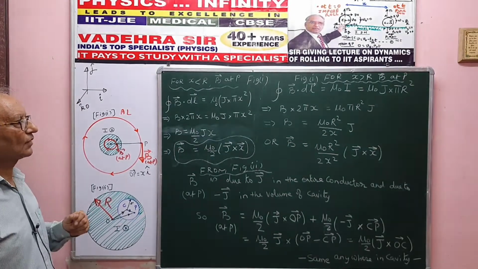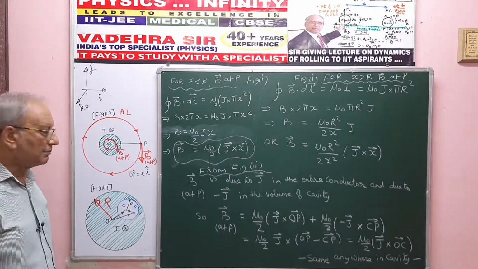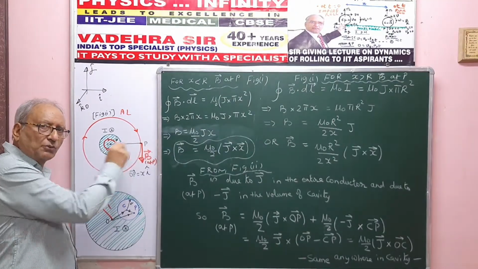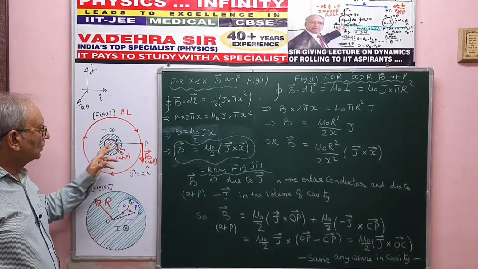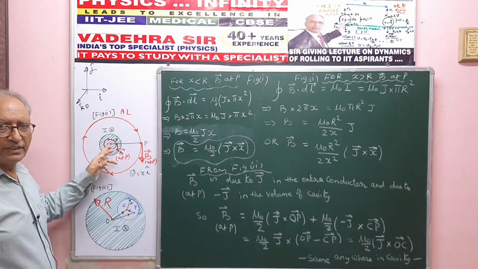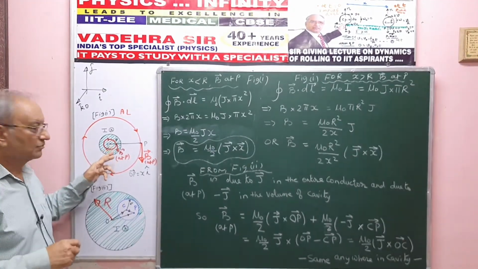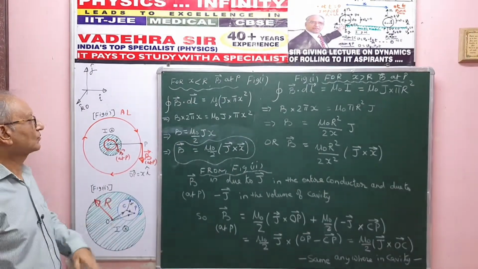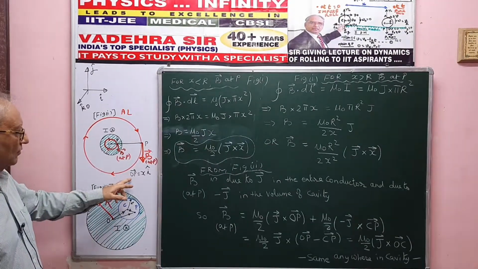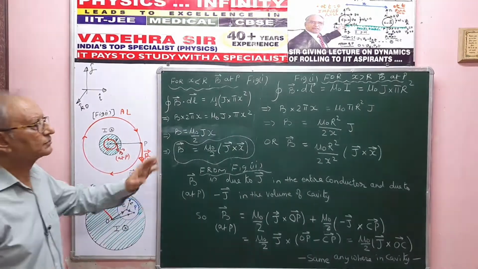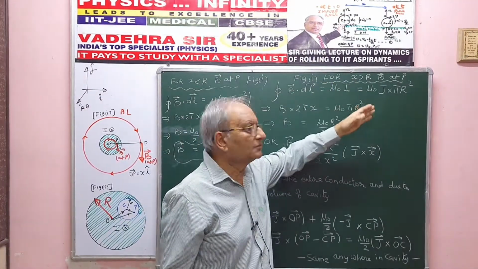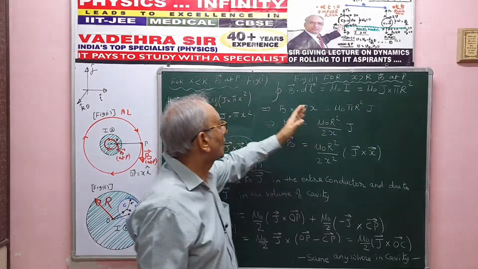Then I want to find the magnetic induction at a point outside and inside. First, outside. O is the center of the cylindrical cross section, and OP is the distance x, in vector form x i cap. For x greater than R, that is outside the wire, the point P is there.